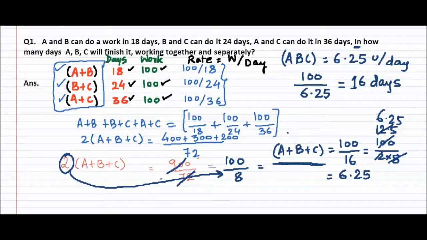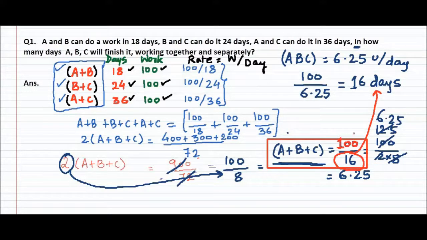There is one more way to look at the same problem, where the calculation part is skipped. If you look at this step, once I get the rate, then no need of doing calculation. Directly the number in the denominator is your answer. But then there is a word of caution. Only when here we have 100.